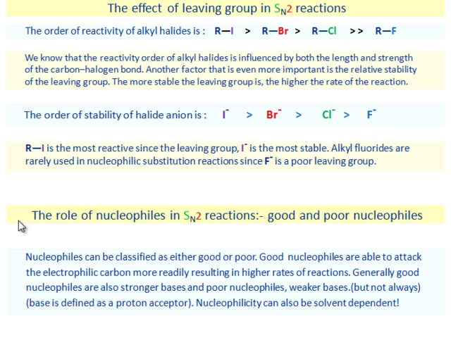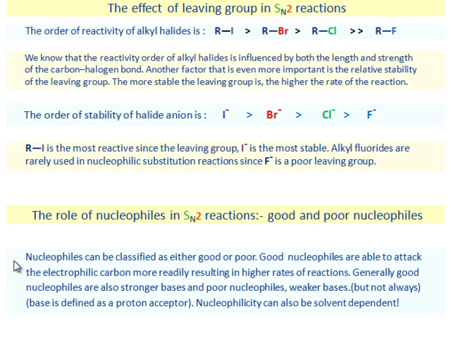The role of nucleophiles in SN2 reactions: good and poor nucleophiles. Nucleophiles can be classified as either good or poor. Good nucleophiles are able to attack the electrophilic carbon more readily, resulting in higher rates of reactions.